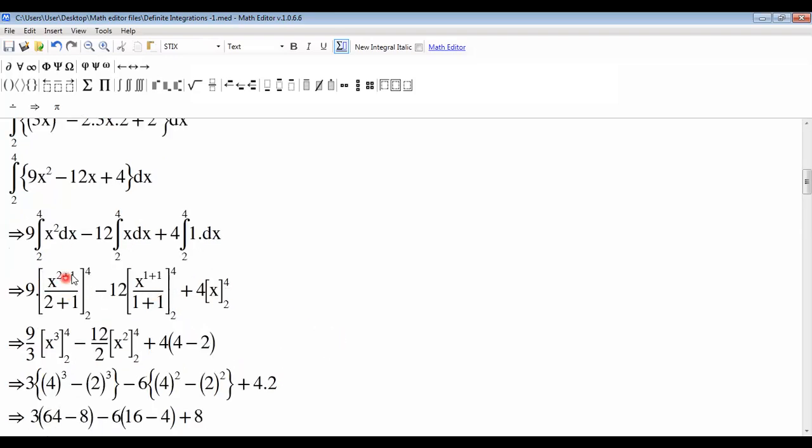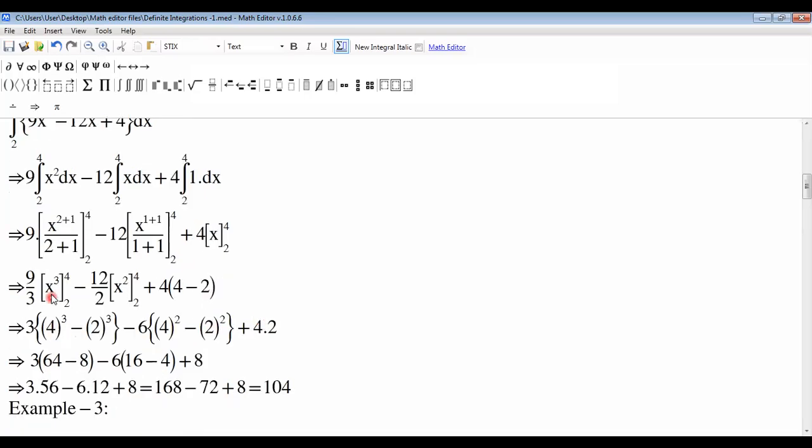Now this can be written as x cube by 3. 9 by 3 would be the constant 3, so 3x cube, and here x square with 12 by 2. Putting the upper limit 4 in place of x, minus putting the lower limit.